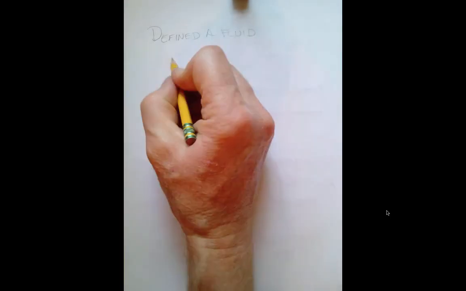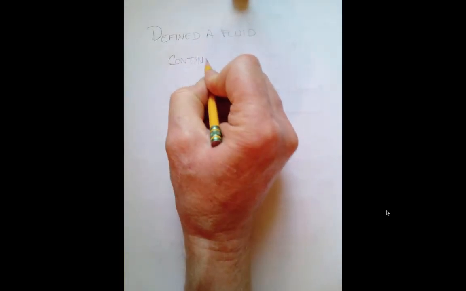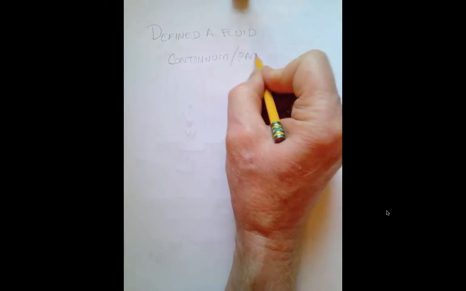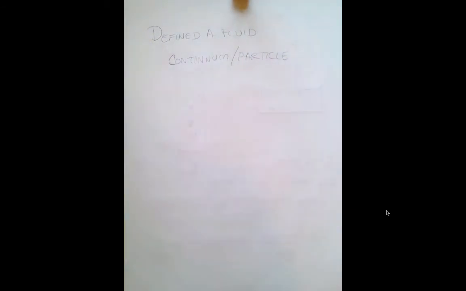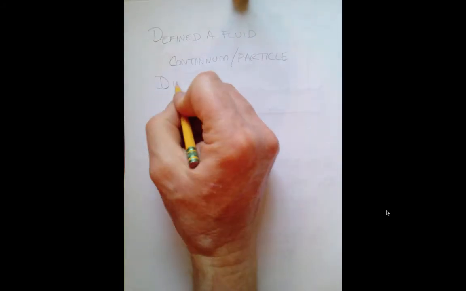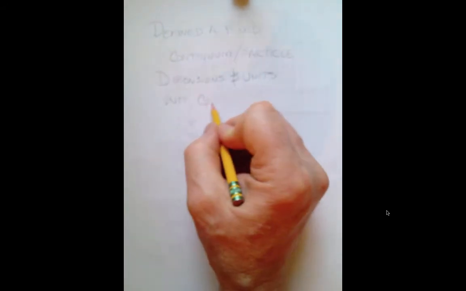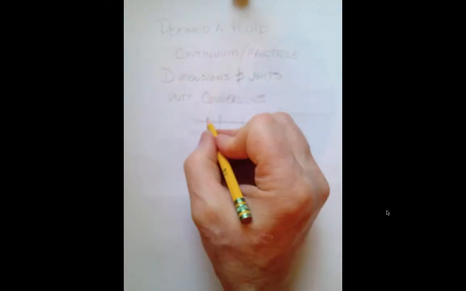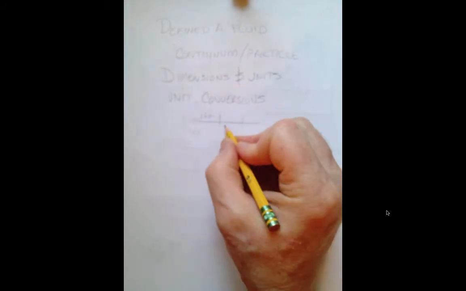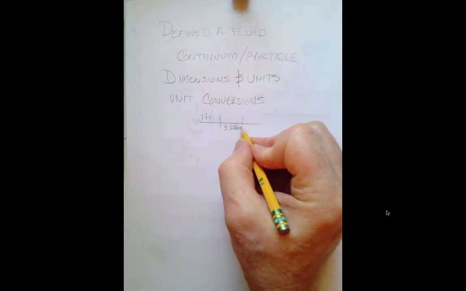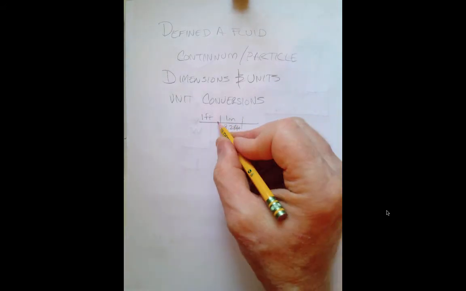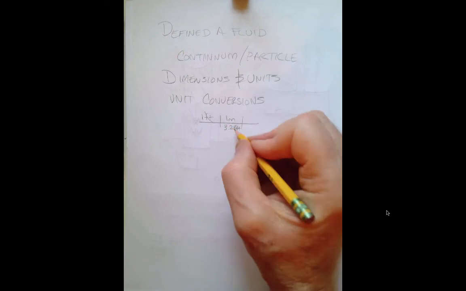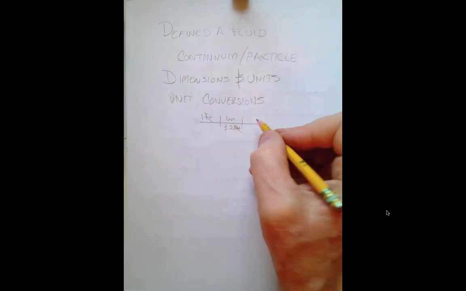We discussed continuum and particle concepts briefly, dimensions and units, unit conversions within the grid system, 3.28 feet per 1 meter.